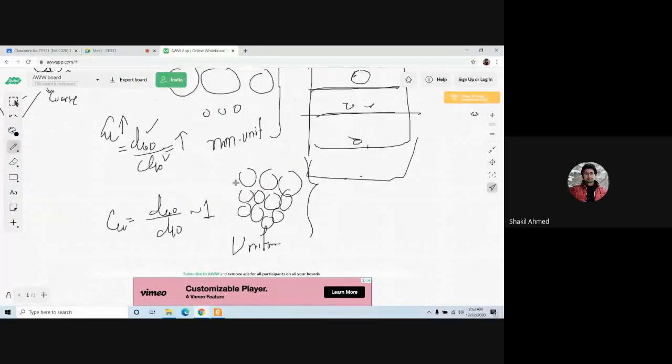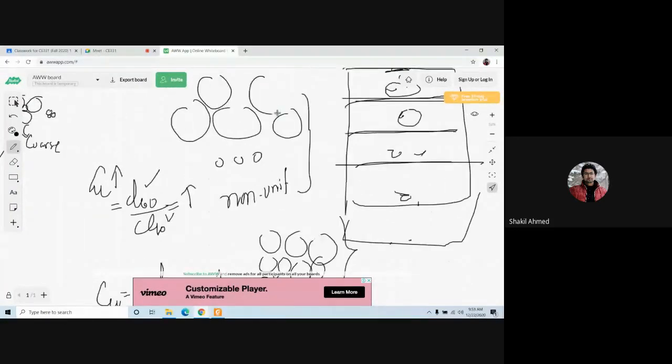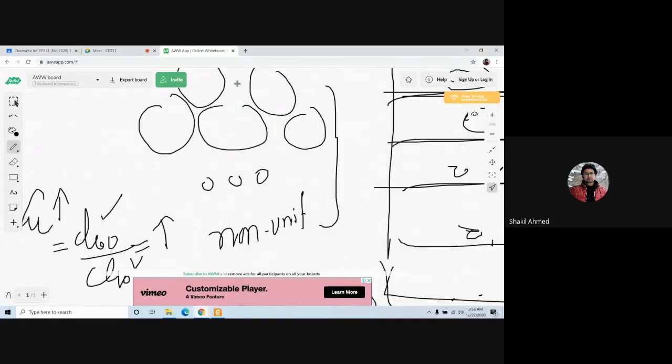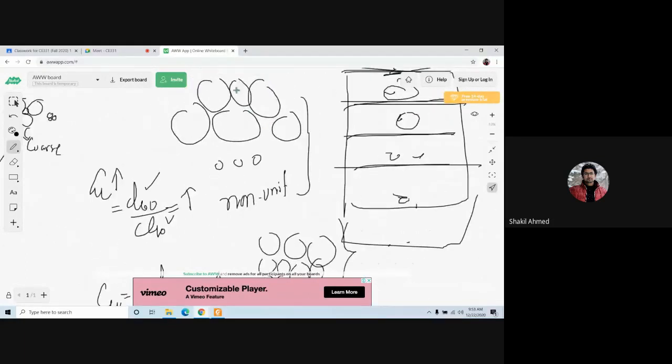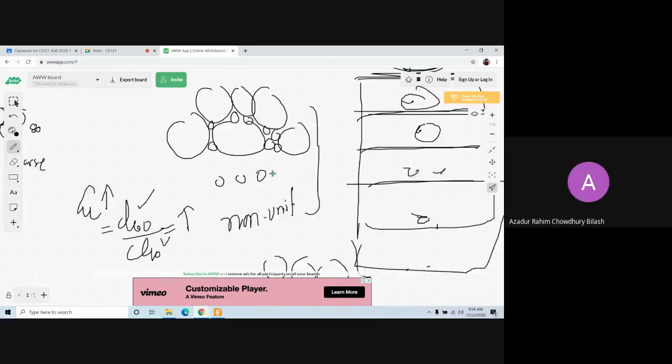Now, tell me one thing. If this is non-uniform, then you have very small particles. Am I right? So this gap will be filled out with smaller particles. Yes, sir. This is non-uniform.